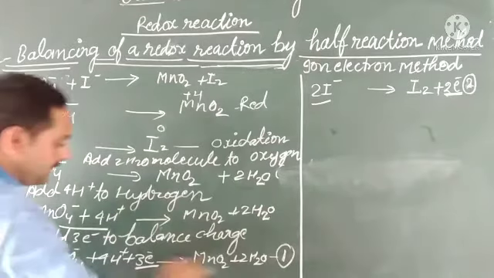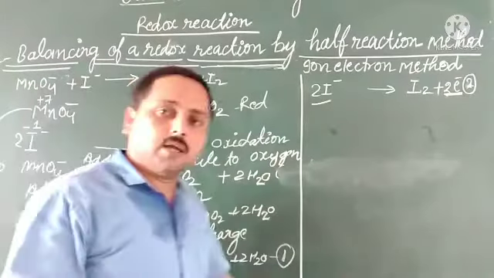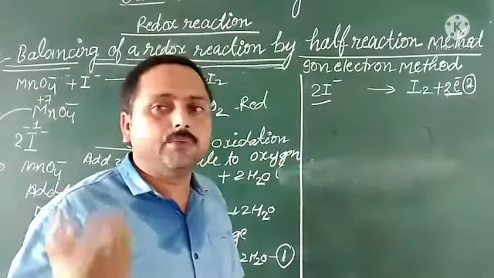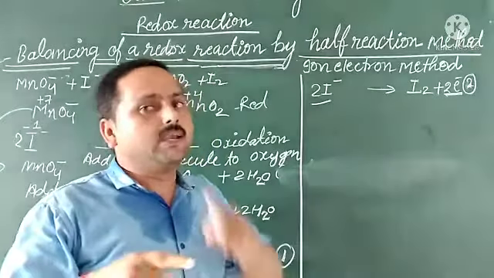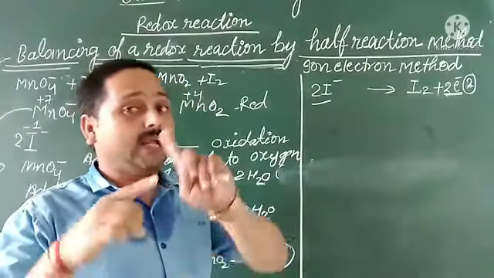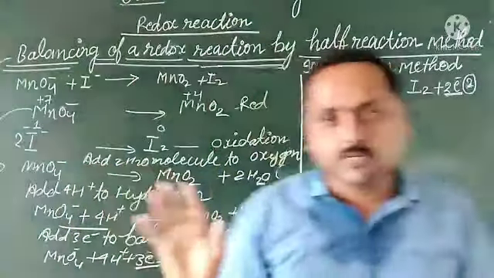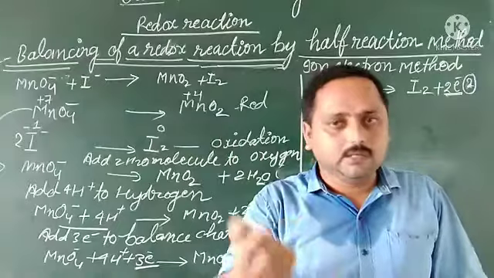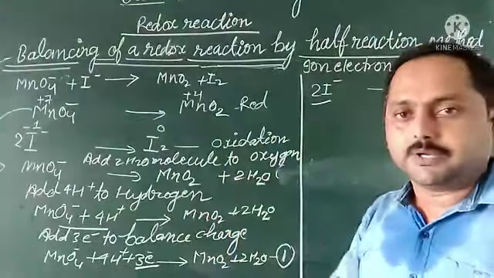Whatever idea you have, you can apply. But better is that by multiplying the equation, we can easily balance the charge. You can use division also, but I think that will be difficult. So mostly we use the multiplication method.